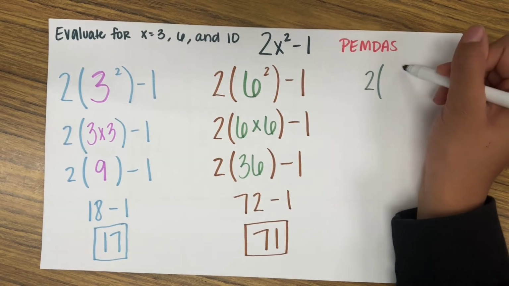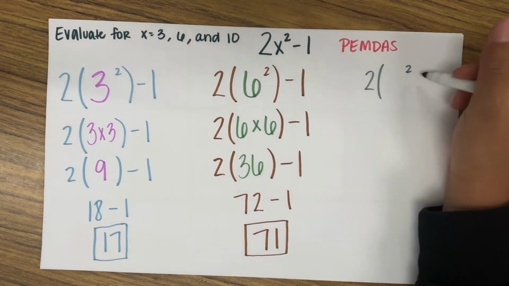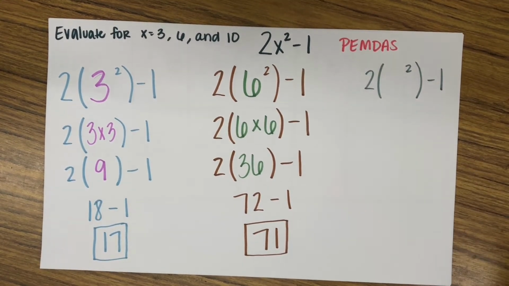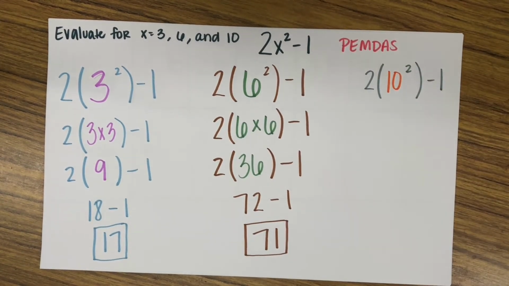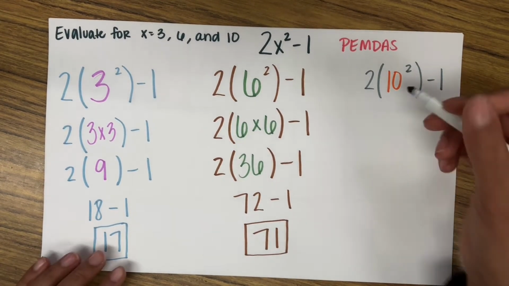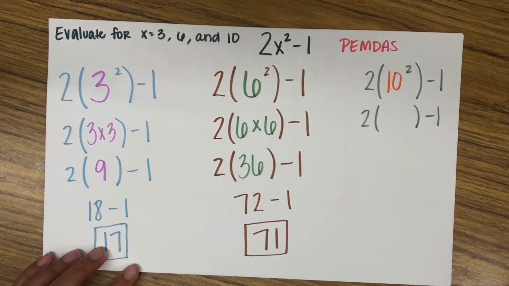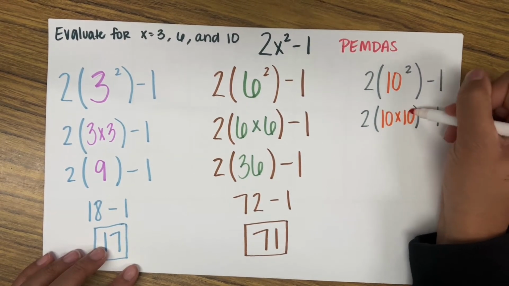Lastly, I'm going to write this one last time, solving for x is equal to 10. Ten squared is the same as 10 times 10.